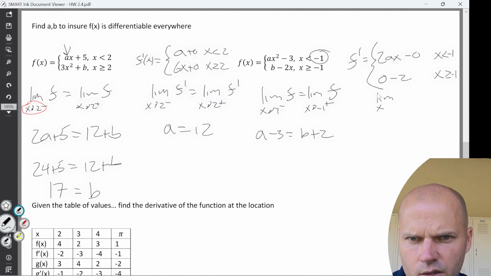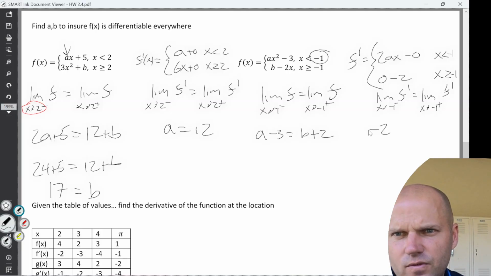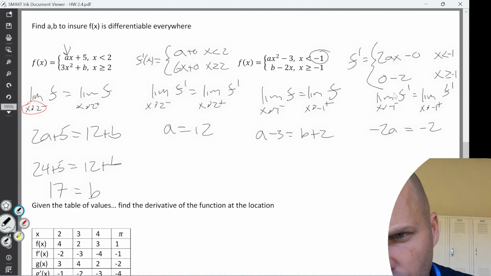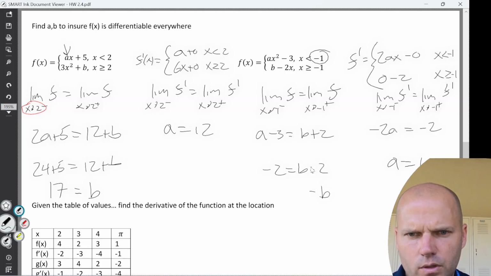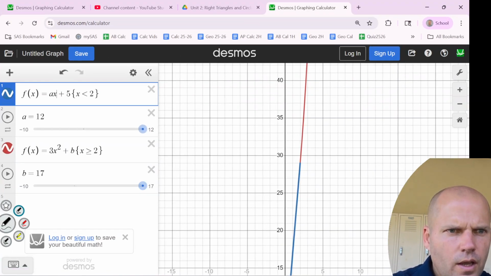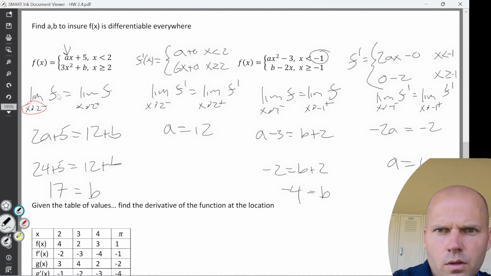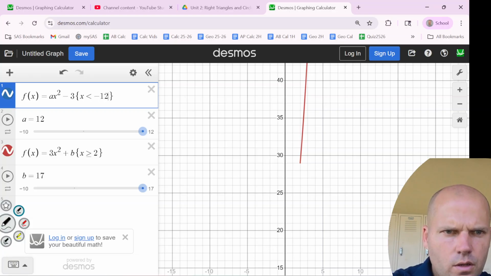Then over here, showing the slopes equaling each other, I got -2a equals -2. There's nothing to plug in here. And I get a is equal to 1. If a is equal to 1, b has to equal -4.